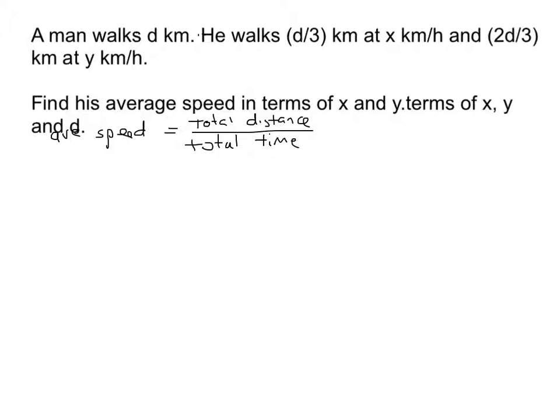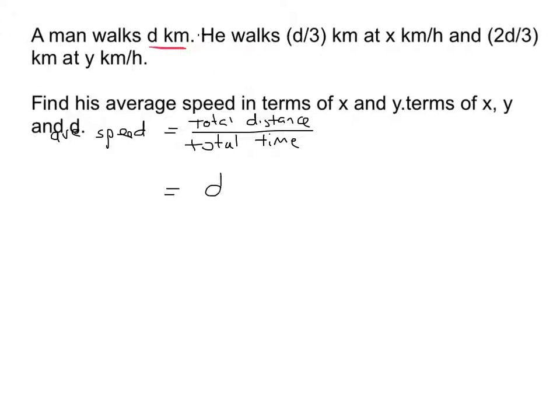In the first part we actually worked out an expression representing the total time, so we can use that again. I'm going to rewrite this with the distance, and from the question, he walks d kilometres, so the total distance is d.